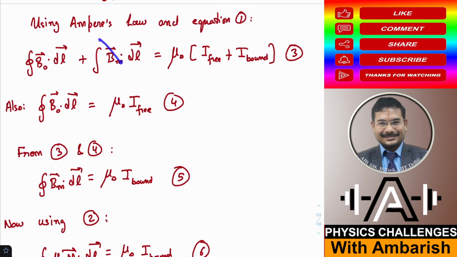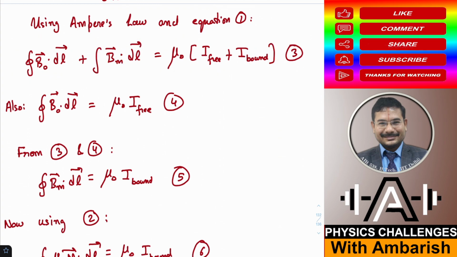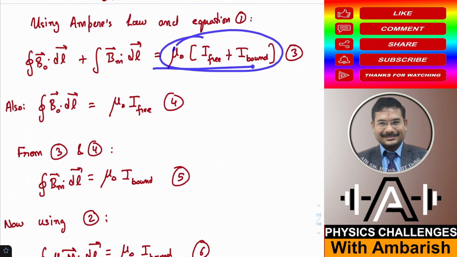Imagine that there is no magnetization, so there is no bound current and there is no B due to magnetization. Then of course the integral of B naught dot dl will be nothing but mu naught times the current flowing through the different wires, okay, the actual current that is created by batteries, right? So integral of B naught dot dl is mu naught times I free, and then of course the total current is I free plus I bound, so the total integral of B dot dl must be equal to mu naught times I free plus I bound, or I molecular, right?